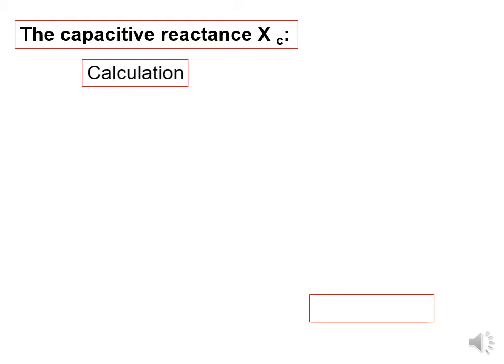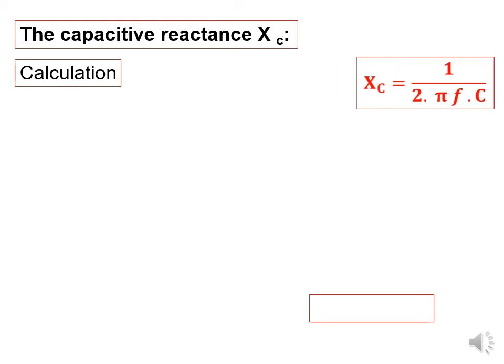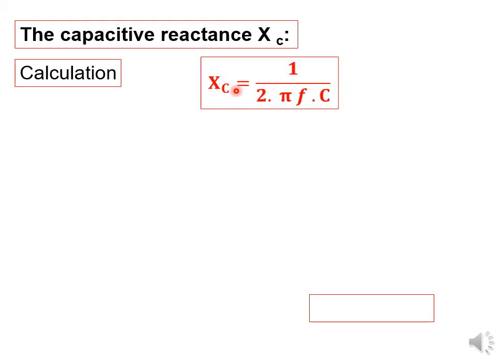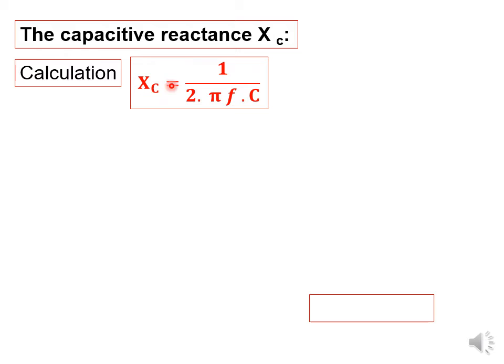Calculations: Xc, which is the capacitive reactance, equals 1/(2 pi frequency C). Pi here is 3.14, F is the frequency of the alternating current, and C is the capacity of the capacitor in farad.